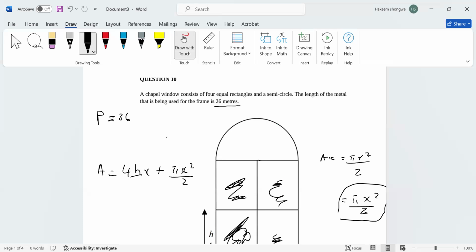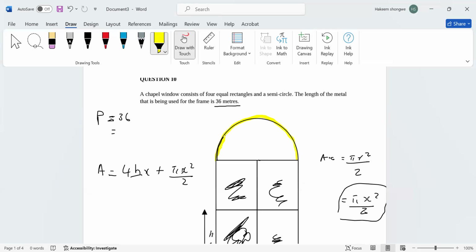So the perimeter of this one is going to be equal to, but here we're having a semicircle, remember. Now, if I'm going to be having a sum of all sides of the shape, I must have this semicircular side.